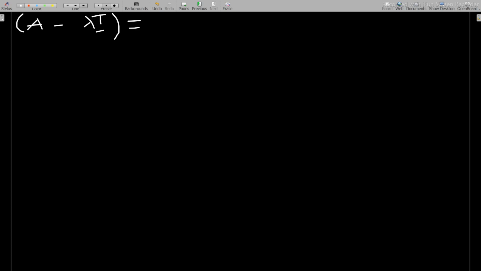A was given as 0, 1, 0, so it becomes negative lambda 1 0, 0 negative lambda 1, negative 5 5 1 minus lambda. We are going to put all the eigenvalues in here individually.